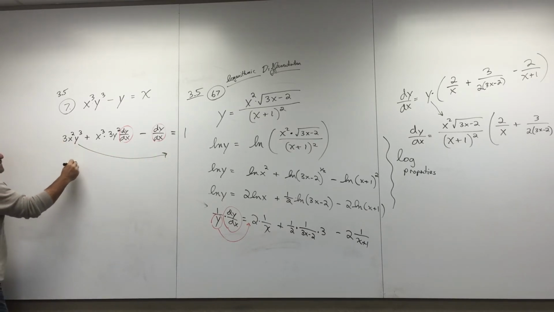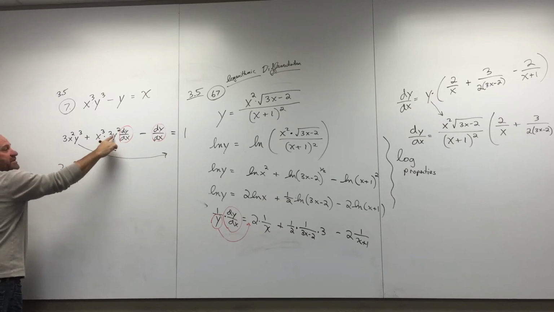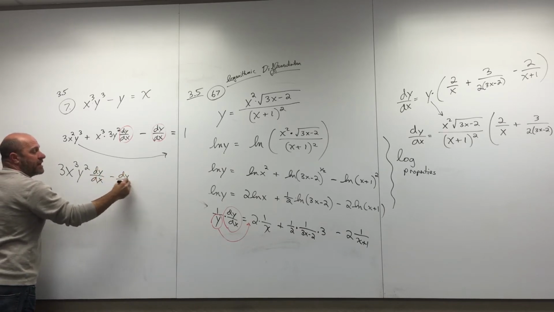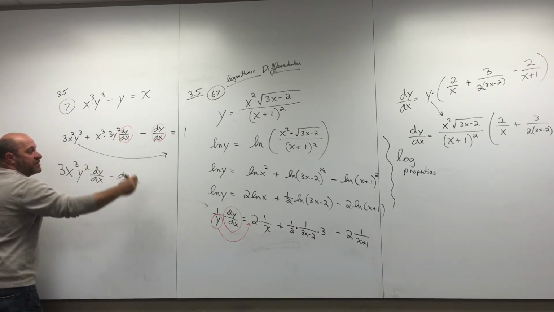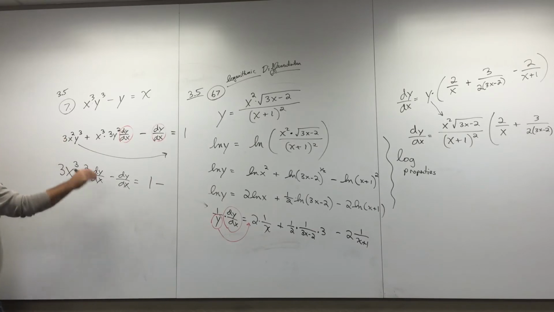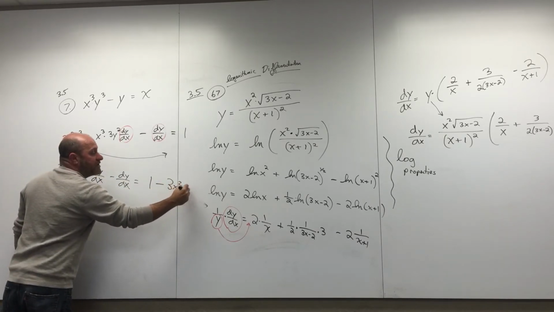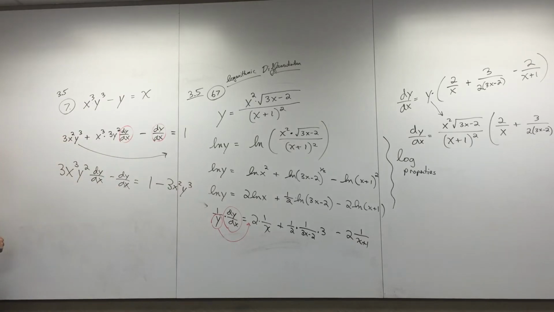That'll leave you 3x cubed y squared, this is this guy, dy/dx, minus dy/dx, and you're saying you move this to the other side, it's 1 minus 3x squared y cubed. Okay, now what? How do you solve for dy/dx? Factor it out. That's usually the key. Get everybody on one side that has a dy/dx and factor it out.